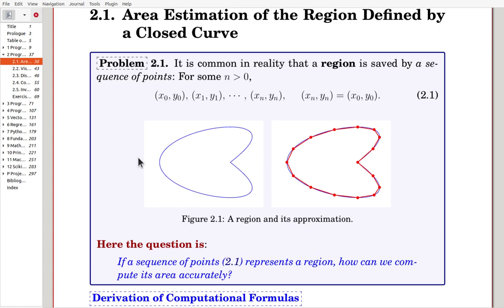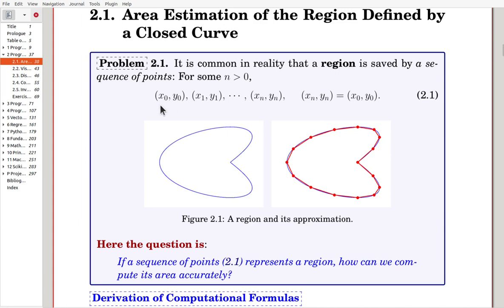Area estimation of the region defined by a cluster curve. Here is a problem. It is common in reality that a region is saved by a sequence of points for some positive number n: x0, y0, x1, y1, and then the final point is xn, yn, which is the same as the first one.